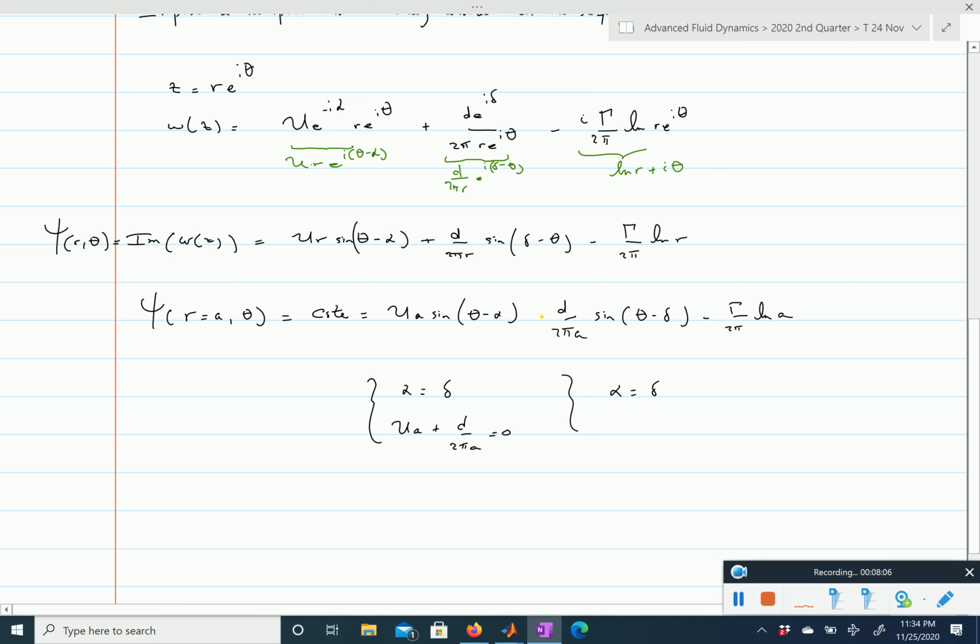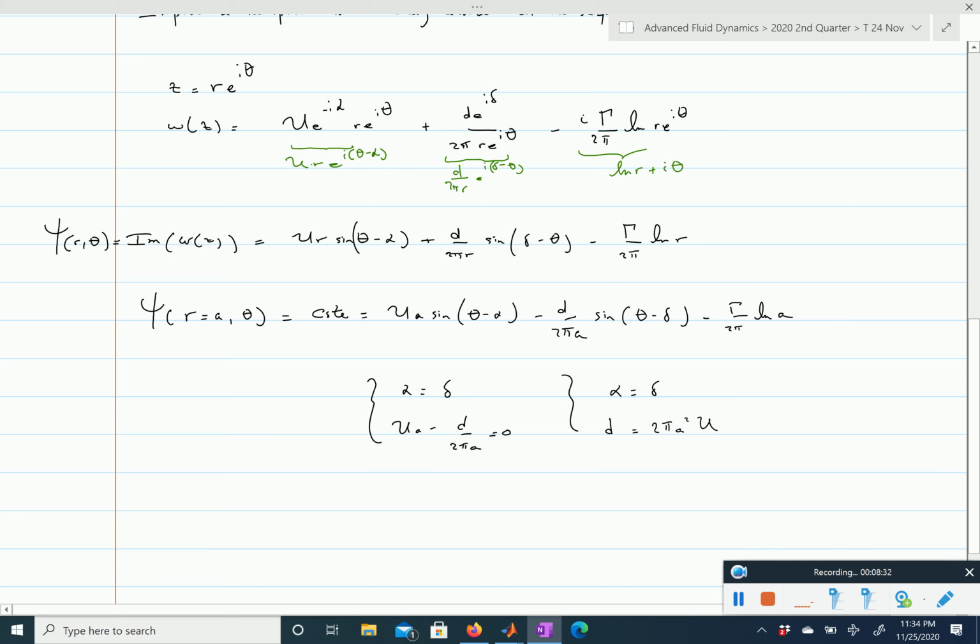Otherwise, I don't get the same result as for the real potential. And so this is going to be a constant provided that this term cancels out that term, and therefore that U a minus D divided by 2 pi a is equal to 0, and that gives us a value for the dipole strength of 2 pi a squared times U, which is precisely what we had before.